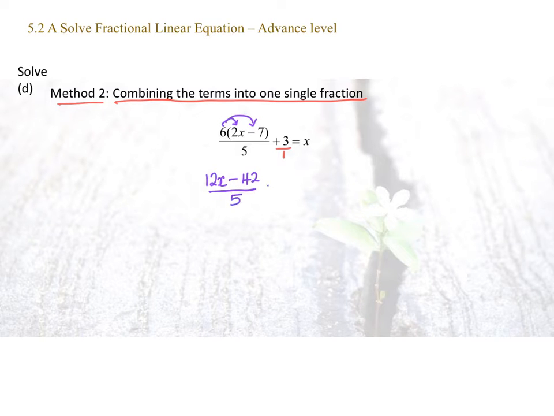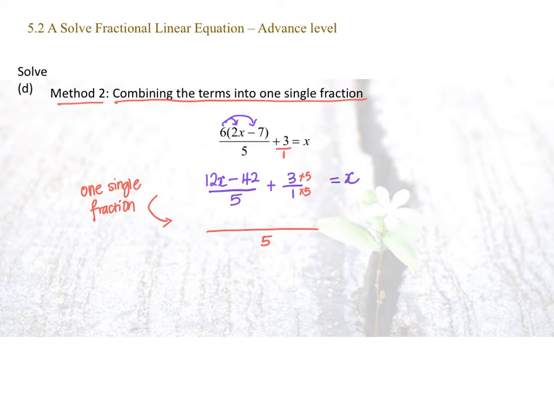This is one fraction. With another term of 3, 3 can be written as 3 over 1. So now we are going to combine this left hand side into the same fraction with the same denominator, and the denominator will be 5. So we are going to make it into one single fraction.